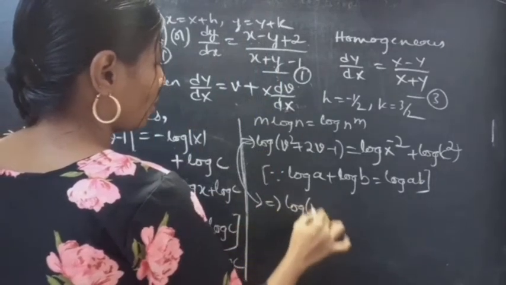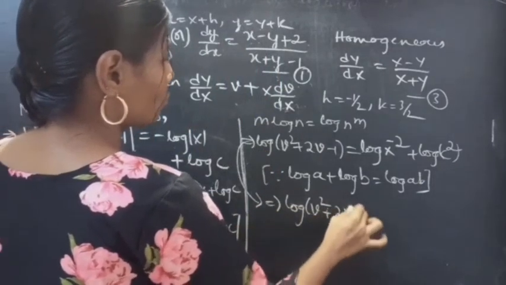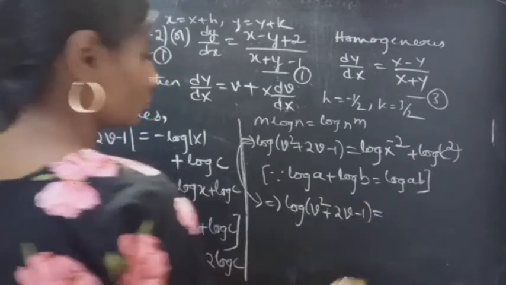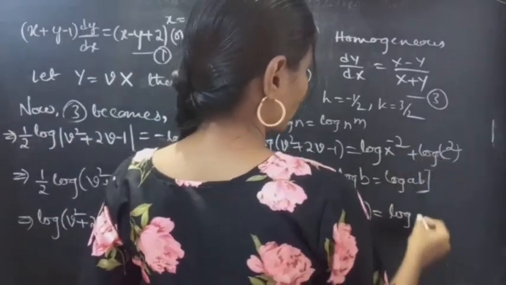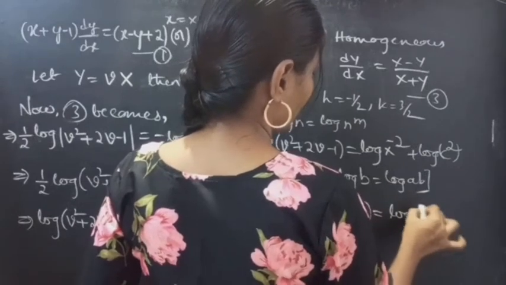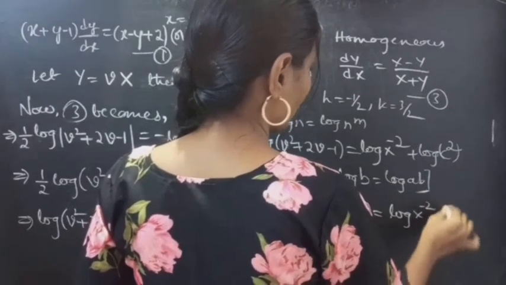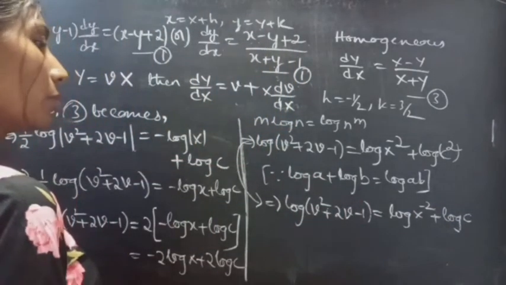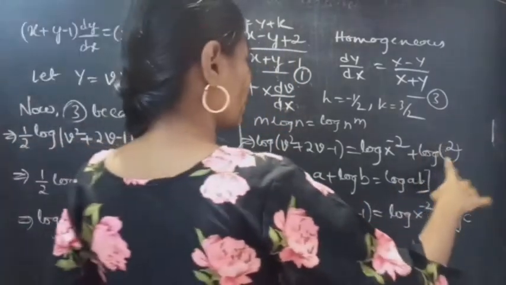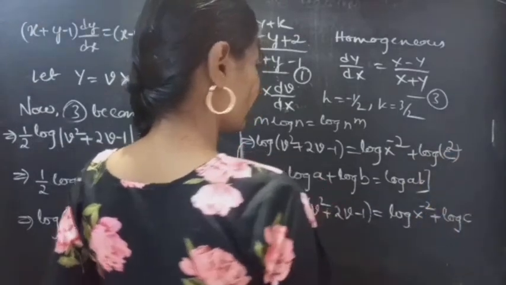log of v square plus 2v minus 1 equals log x power minus 2 plus log c. Since c square being constant, we'll write c square as c. Right?